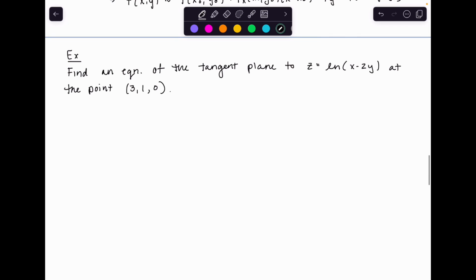So this one already finds the z component for us, but if you plug in 3, 1, that would be natural log of 1. The z component is 0. So it just does the work for us. We don't need to find the z coordinate.